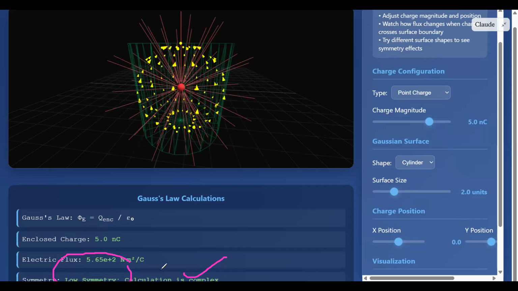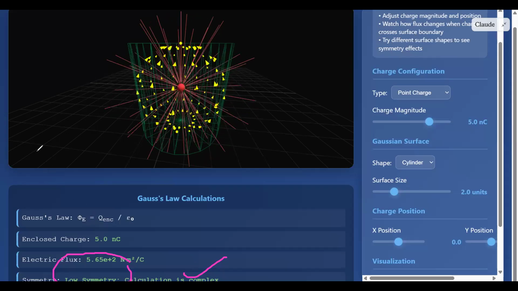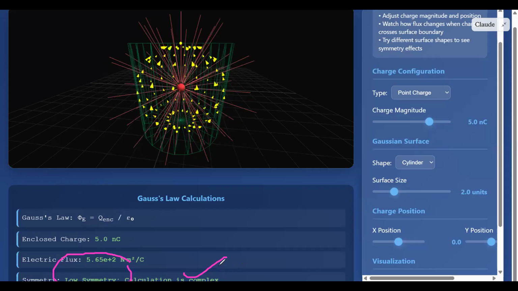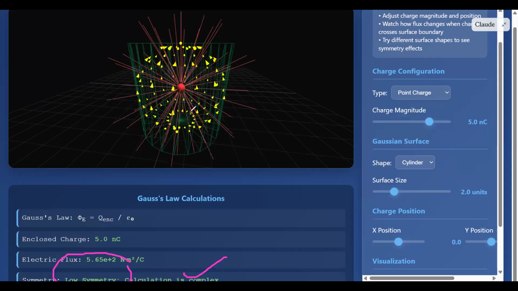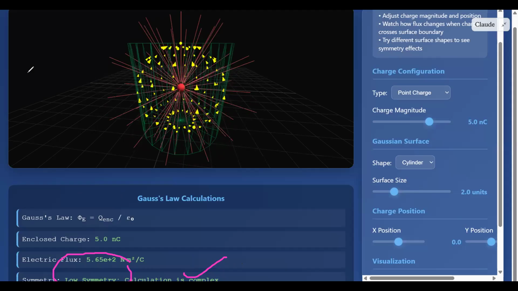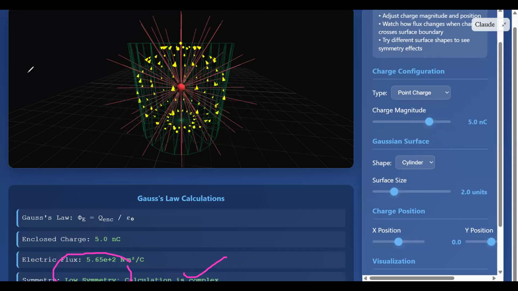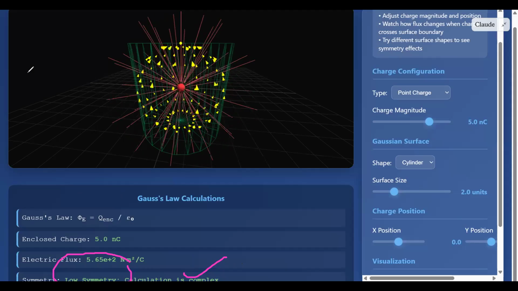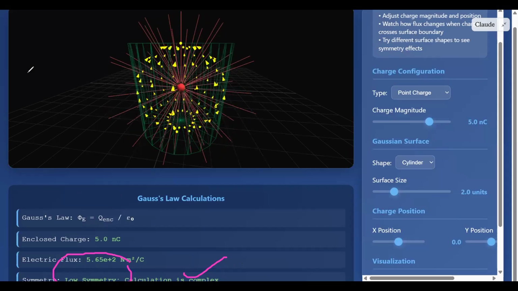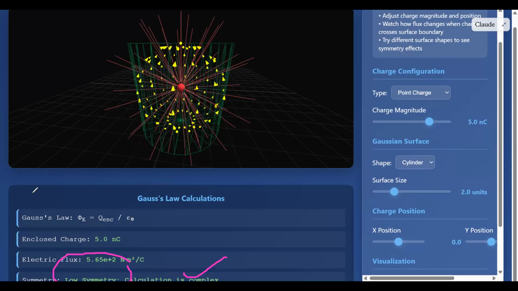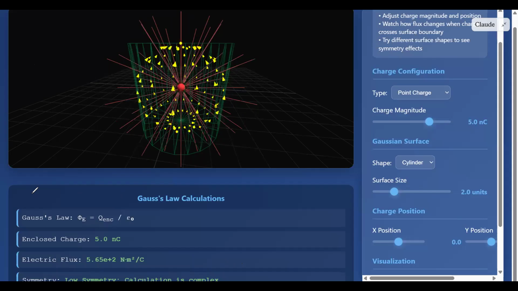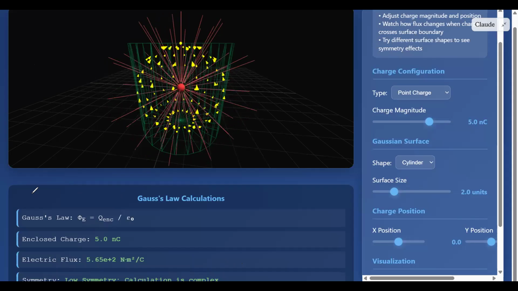Then only we need the Gauss law. So low symmetry, calculus is complex. So what is the ideal Gaussian surface for the point charge? It is a sphere. And a cylinder Gaussian surface is ideal for which type of charge configuration?